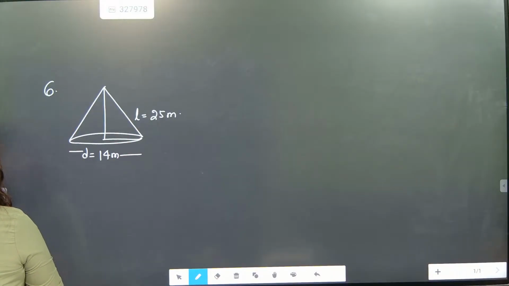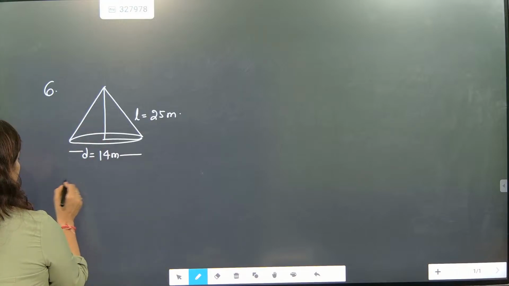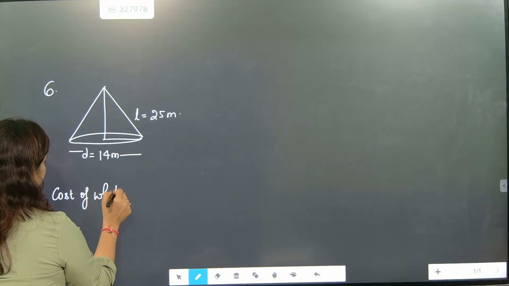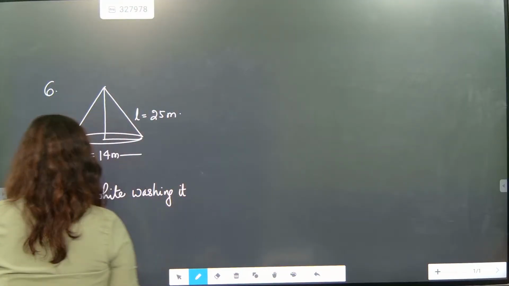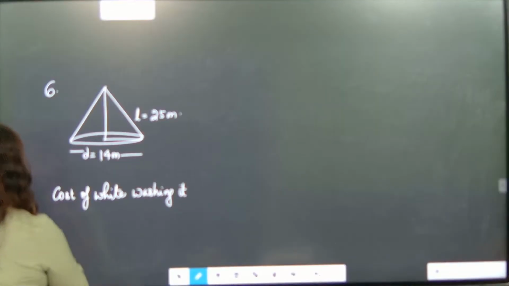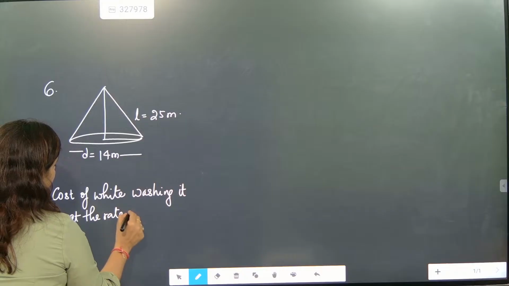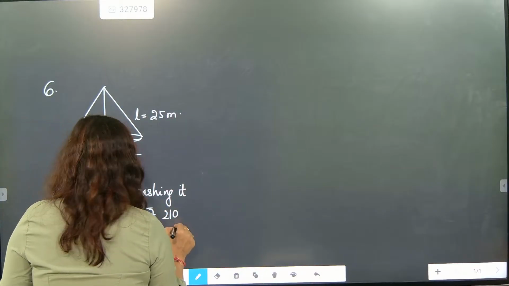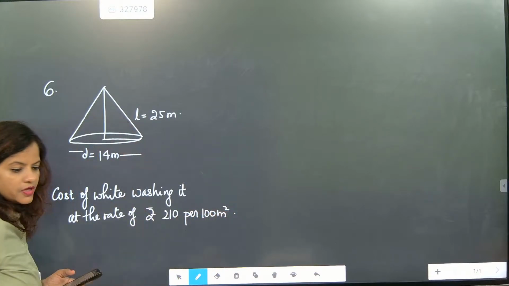Now what they are telling: find the cost of whitewashing its curved surface area at the rate of rupees 210 per 100 square meter.